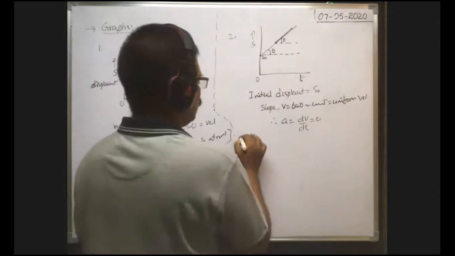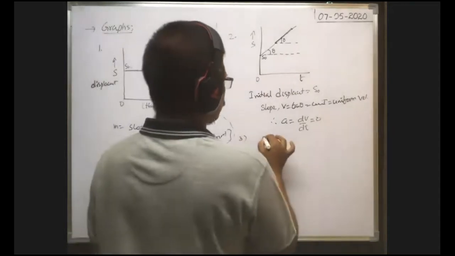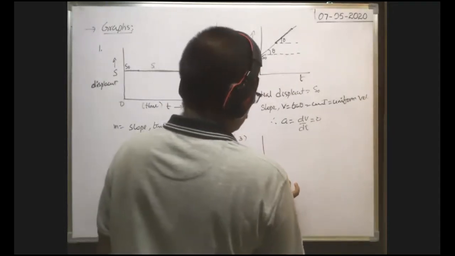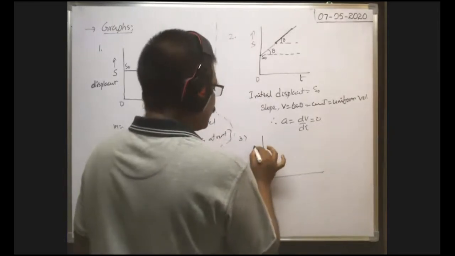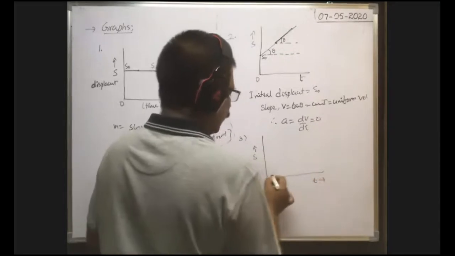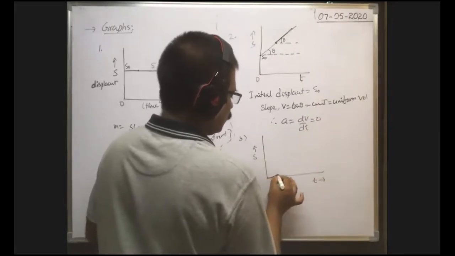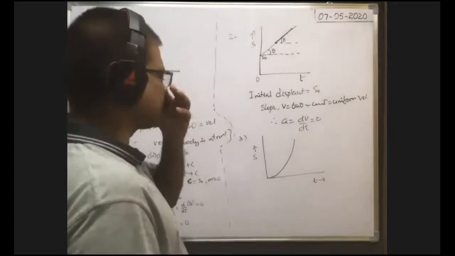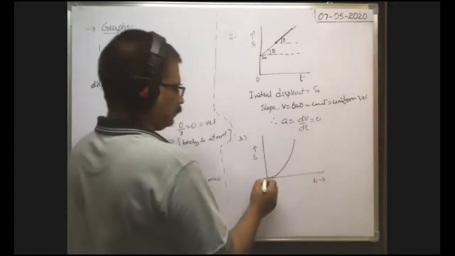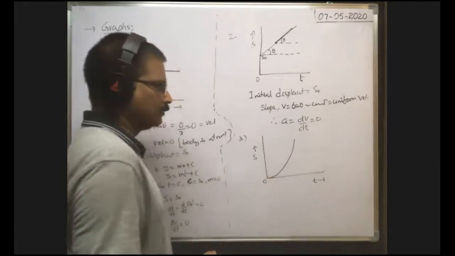Okay, next, one more graph. Here it is also a displacement time graph only. The displacement time graph is like this. It is the origin.